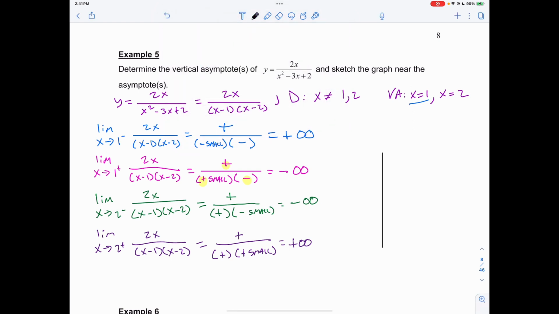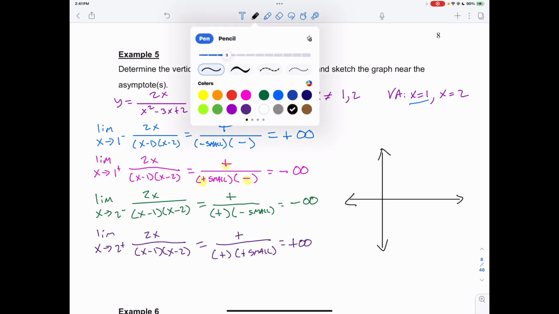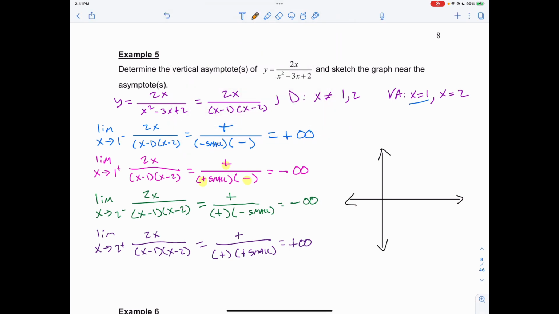I'm going to do a little sketch of what we've just learned. So we're pulling from our vertical asymptotes at x is equal to 1 and at x is equal to 2.